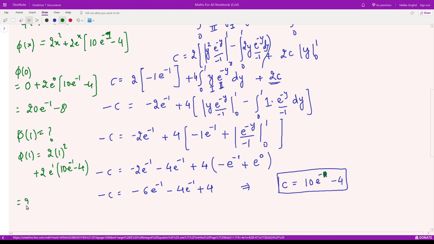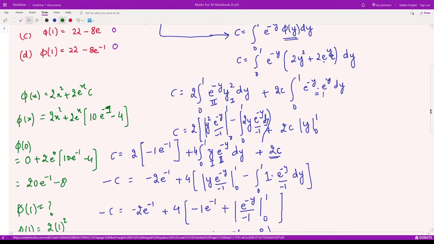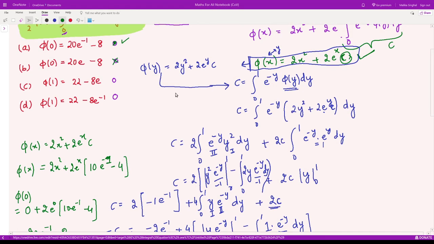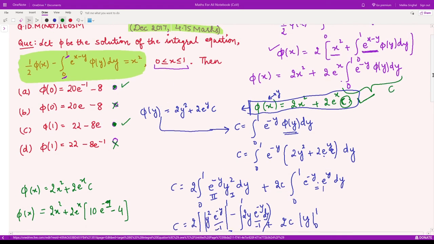So it would be 2 plus 20 minus 8 e to the power 1, right? Because this and this cancels. So we have 22 minus 8e as the value of phi of 1. So this is the option third. So option third is the correct option. Option fourth is not the correct option.